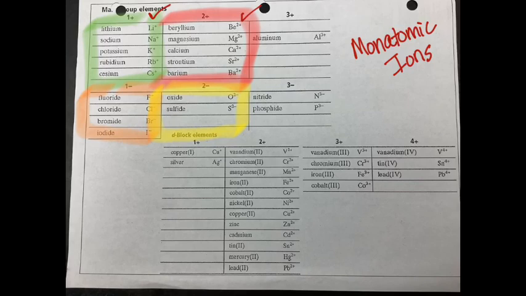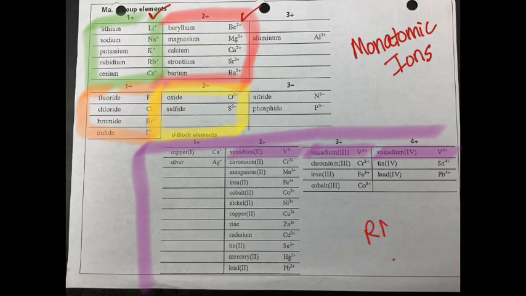At the bottom for our monatomic ions, these are going to be your D block metals and a few of your P block metals. Most of them have more than one common charge. As you're looking these over, just to highlight a couple, I see vanadium +2, +3, +4, and those Roman numerals, you'll see me abbreviate Roman numerals with RN.